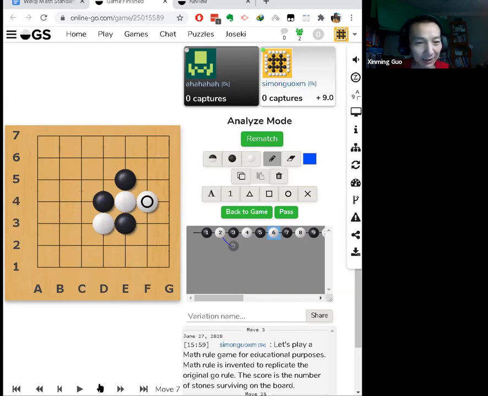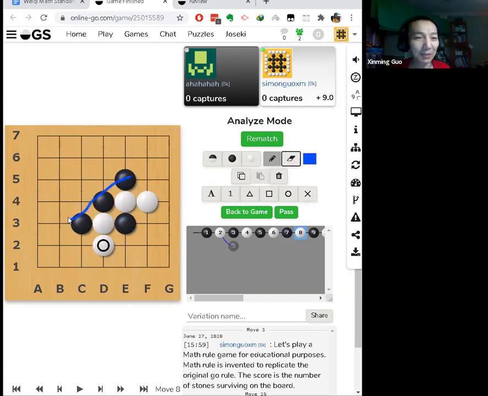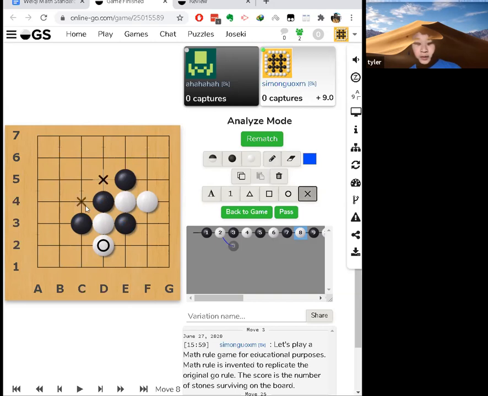Then black plays this step, Atari again, and white extends again. Now for black, it's 1, 2, 3, 4 parts. There's a lot of cutting, but also a lot of territory at the moment. This part has 2 cutting points, here and here.